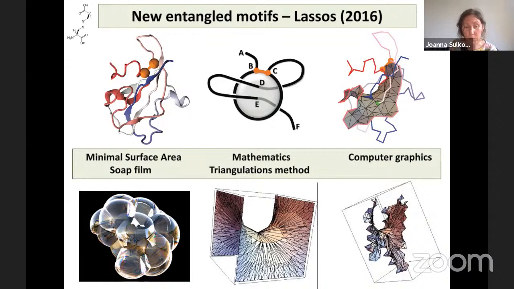So what we did, we constructed something we call the minimal surface. You know this from soap film, and from mathematics you construct this by the triangulation method. So we span the minimal surface on the protein chain that is closed, and then we check if this minimal surface is crossed by termini, and by vector products we know the direction of the crossing.